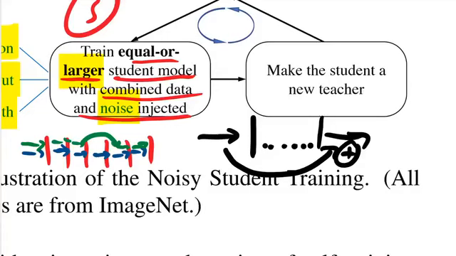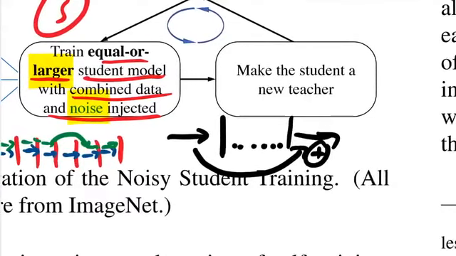So all you do in this stochastic depth right here is you basically disable this connection right here, and all the signal has to flow through here.